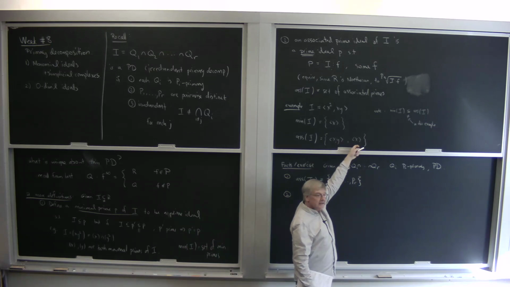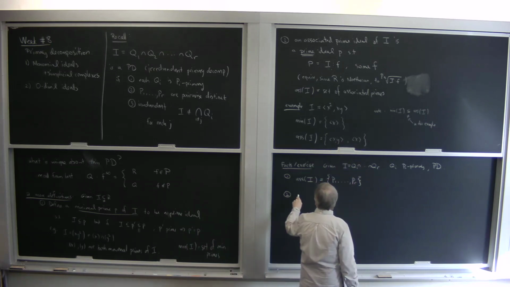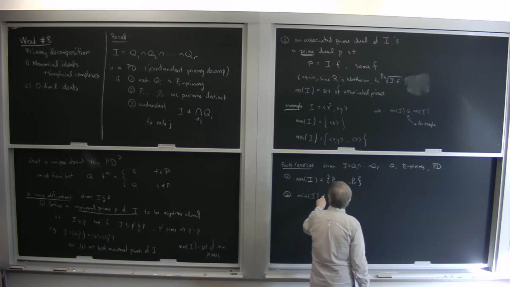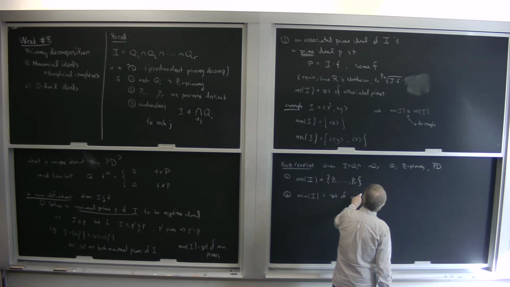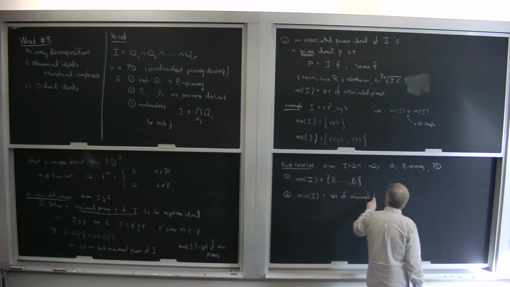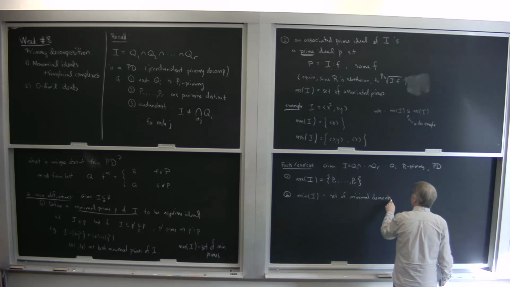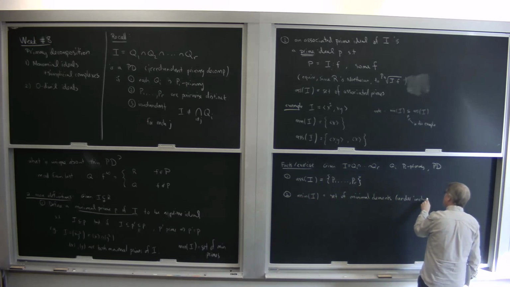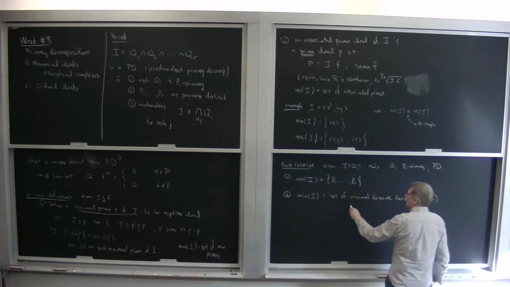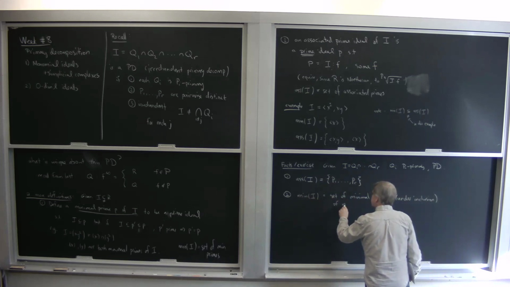Like here, the xy is contained inside of x. So if I take then the min of I, this is equal to the set of minimal elements under inclusion of the associated primes.